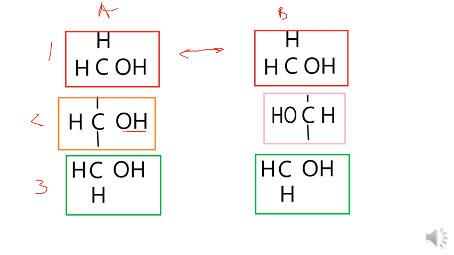I want to know if these two structures are the same. It doesn't matter that I switch it over to the left or the right side. Actually, what we want to do is do it for all the structures. It doesn't matter that this OH is here or over here. Let's take a look at that before we go over A and B.